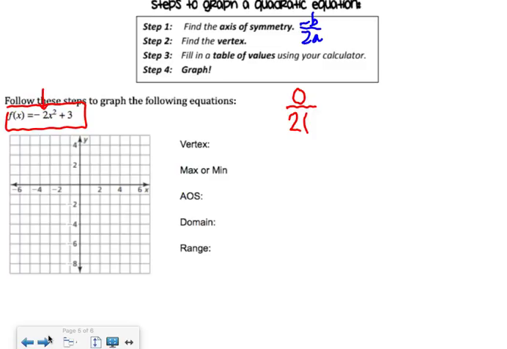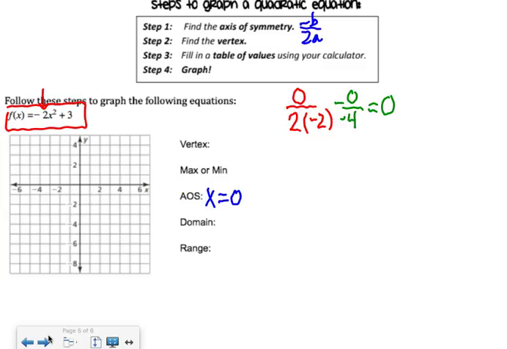Negative 2. And now we're going to simplify that. So I'm going to get 0 over negative 4, which is just 0. Okay, so I just found that our axis of symmetry is x equals 0. Perfect. So that's a start.